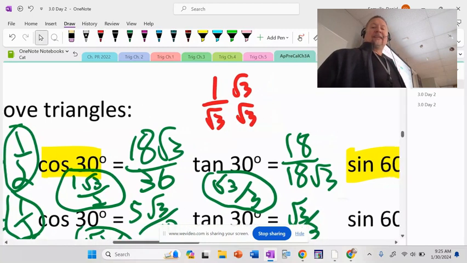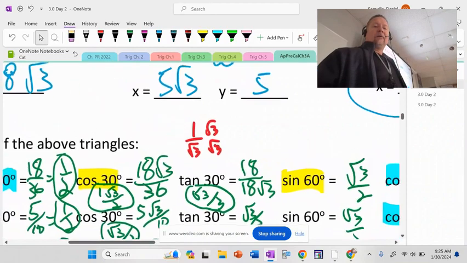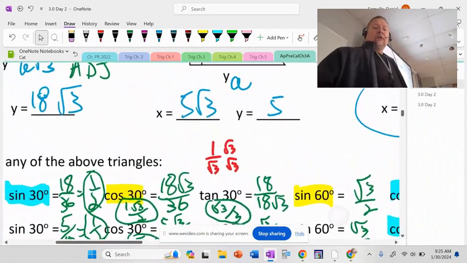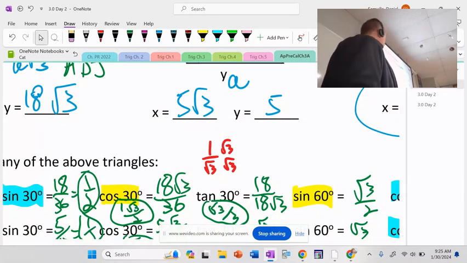And then when I went to 60 in the same triangles, you dealt with the same numbers. And then look at what I did. I just remembered from the previous one, cosine of 30 should equal sine of 60 because I'm reversing the reference angle, so that changes who's adjacent and opposite.